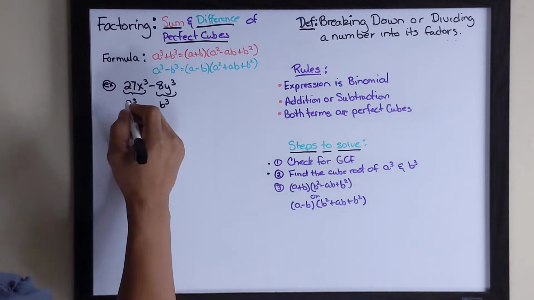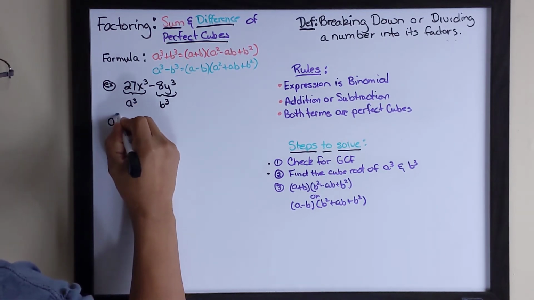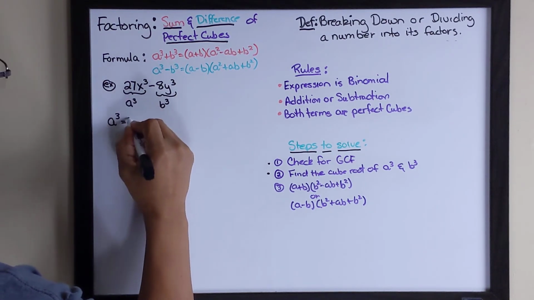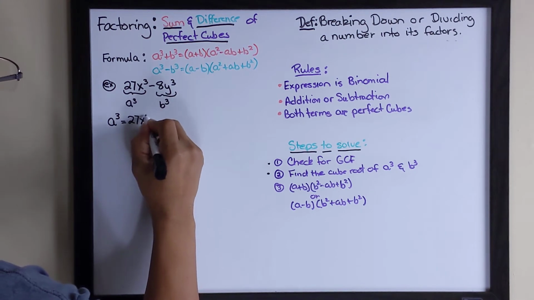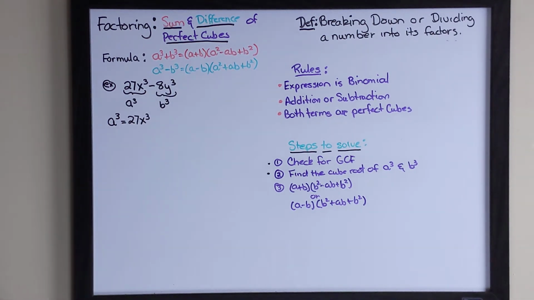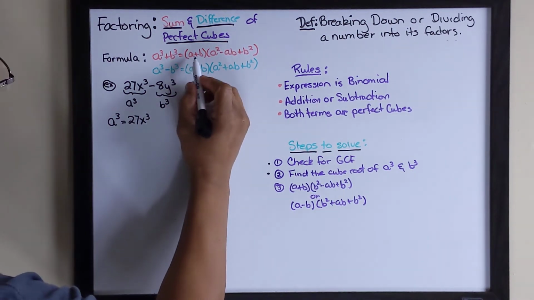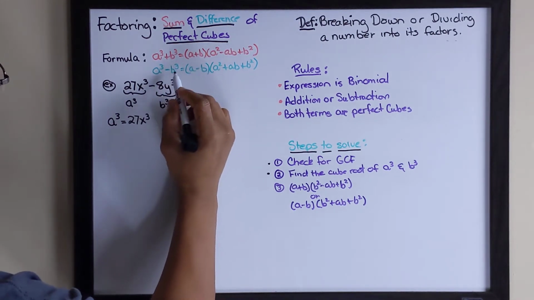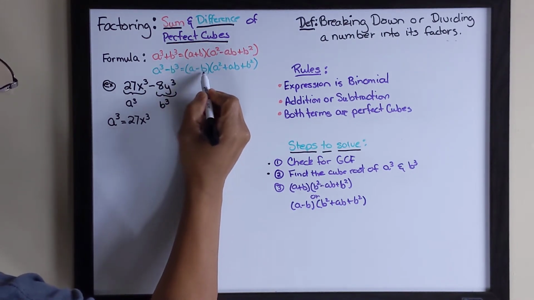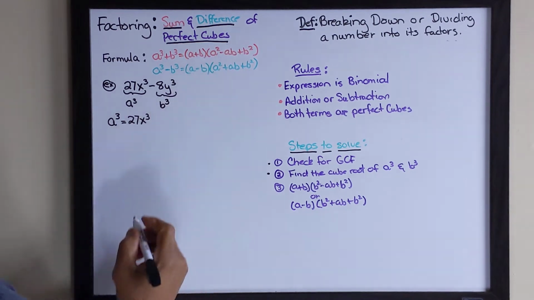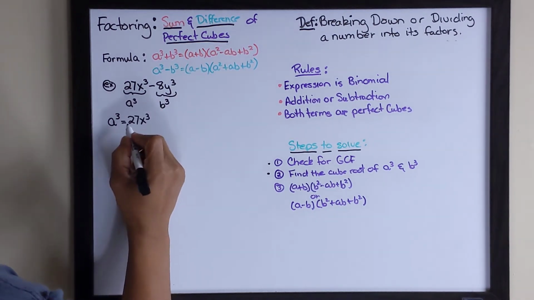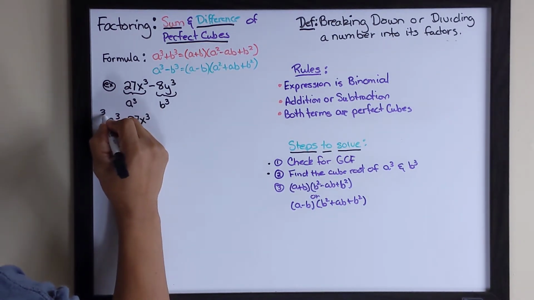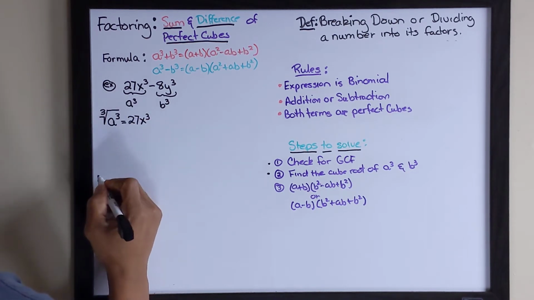Now, since a cubed is represented by 27x cubed, we need to find the value of a because that's what we need in the formula. We don't need a cubed. We need a and we need b in the formula. So to get the value of a, we have to take the cube root of a cubed.